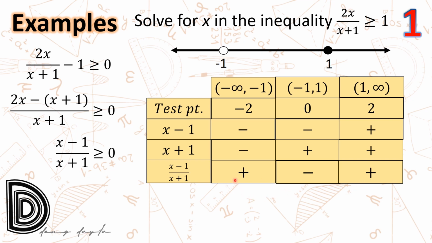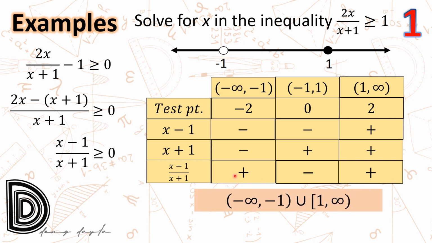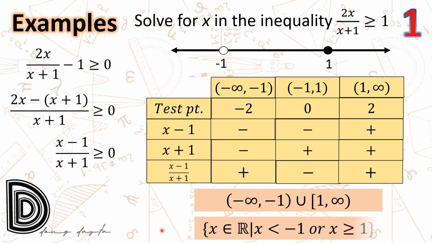Negative infinity to negative 1 union 1 to positive infinity. 1 is included, that is a closed interval. In set builder notation, this is all x element of real numbers such that x is less than negative 1 or x is greater than or equal to 1.